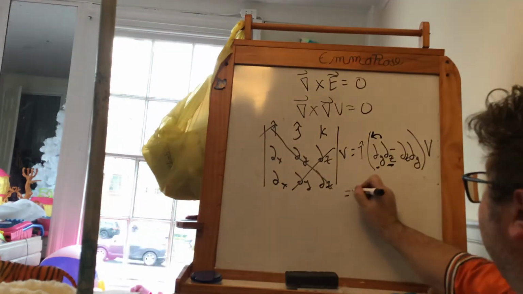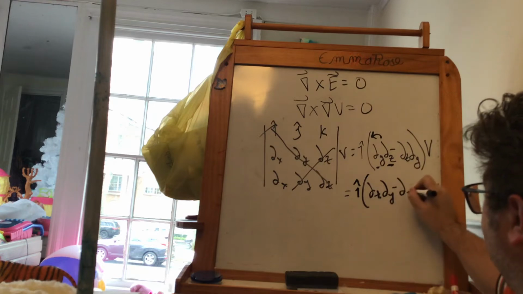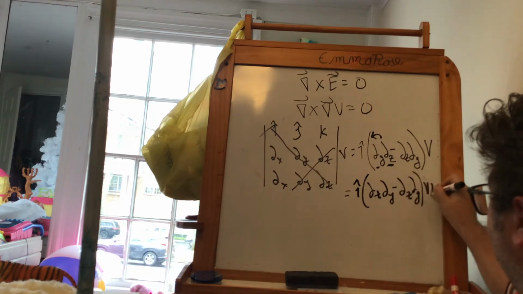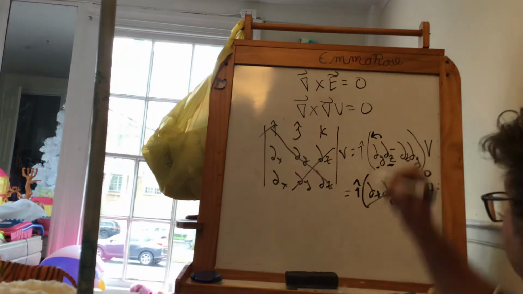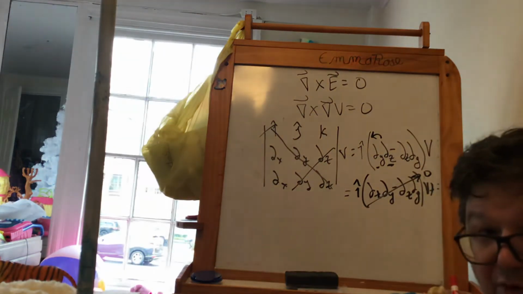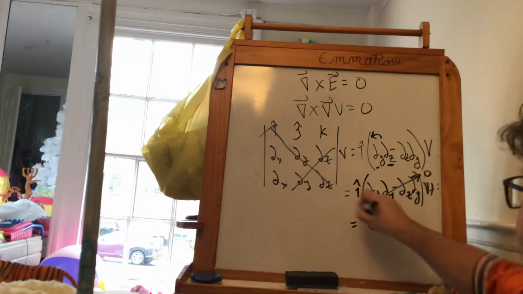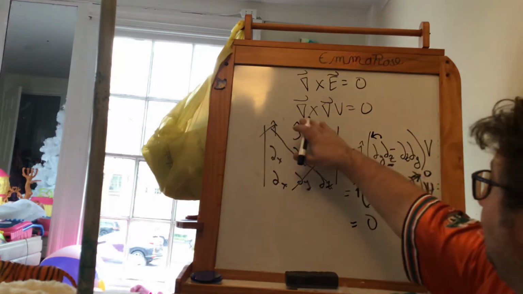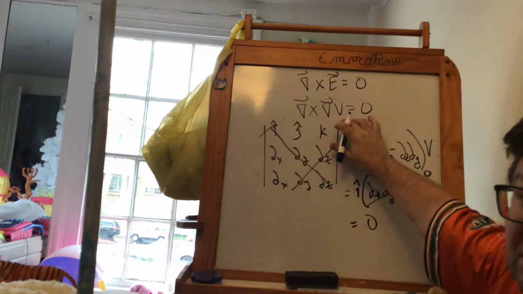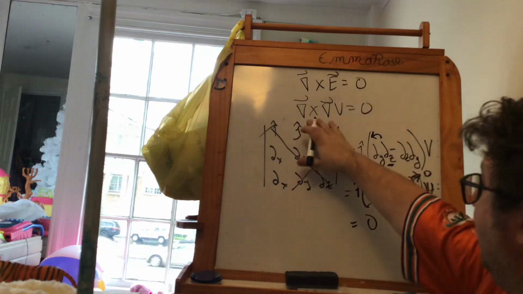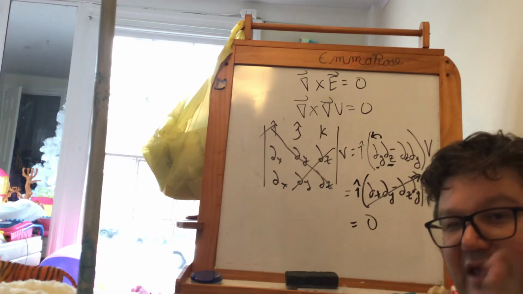So this becomes i hat d/dz d/dy minus d/dz d/dy, acting on V, of course, plus plus plus. And this term goes away. It's 0. Now it's going to do that in the y direction. It's going to do that in the z direction as well. So that results in 0. So being able to write E as a scalar was okay because the curl of the vector equals 0.